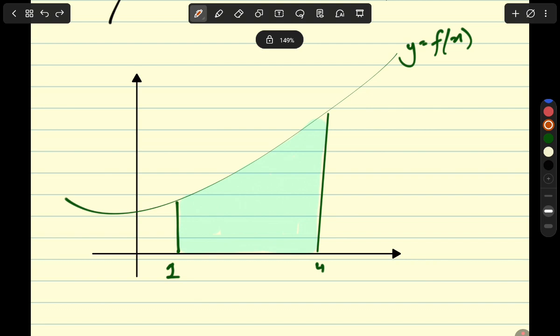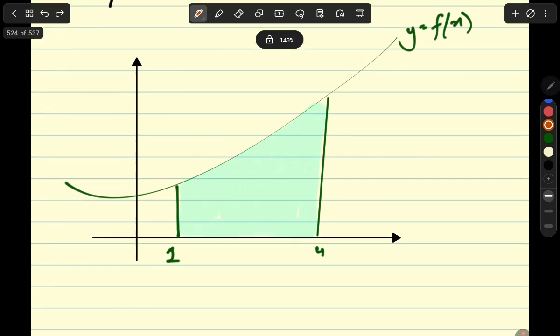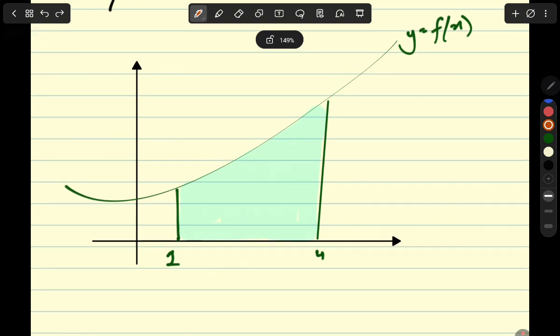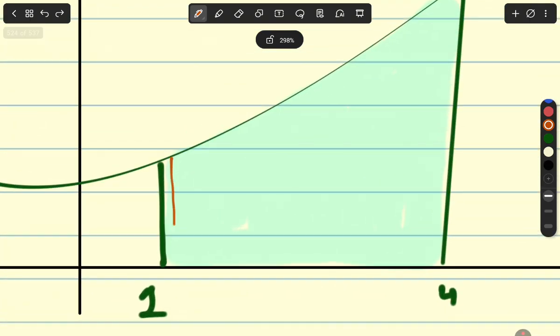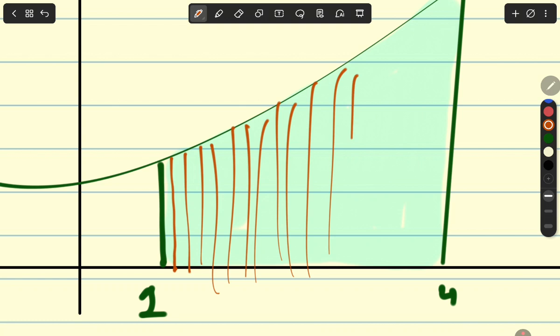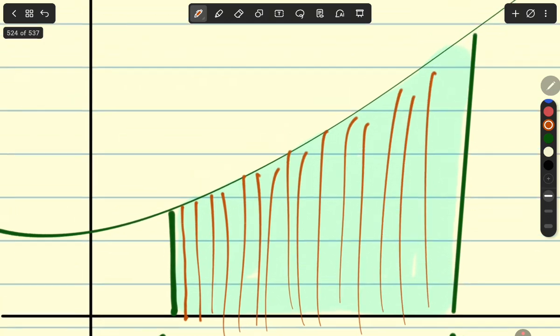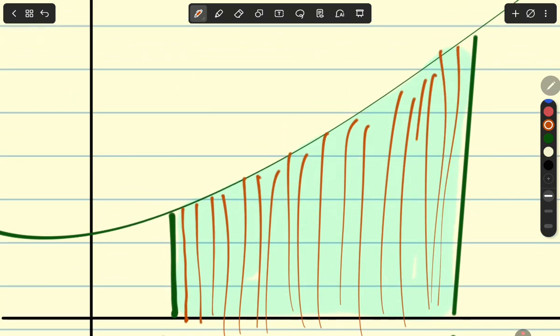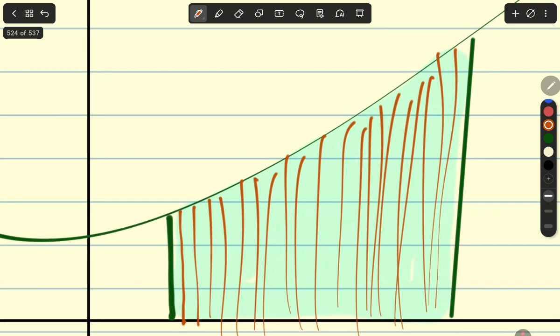So imagine this curved region is made of infinitely many triangles, and let's do it. Let's say this is made up of these tiny strips, and these are very, very tiny strips. Of course, I cannot spend a lot of time trying to make perfectly vertical lines and showing it to you, but you can imagine, right?